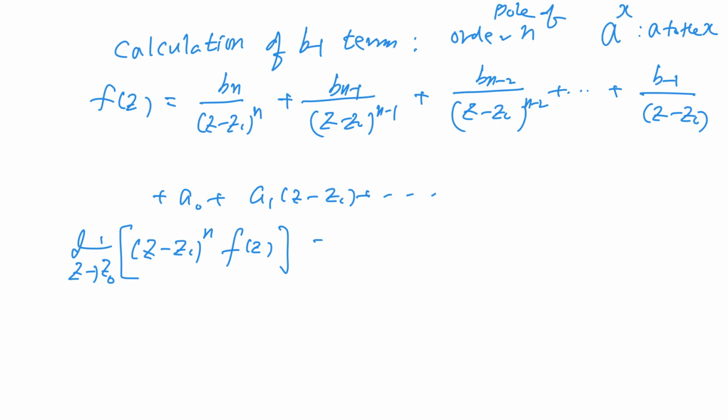What happens? If we multiply both sides by (z minus c naught) to the n and take the limit of z going to z naught, then of course it's bn, right? It's finite.